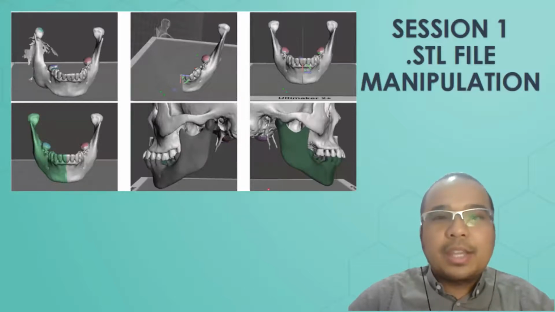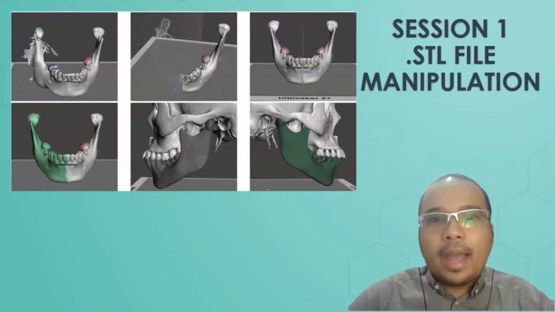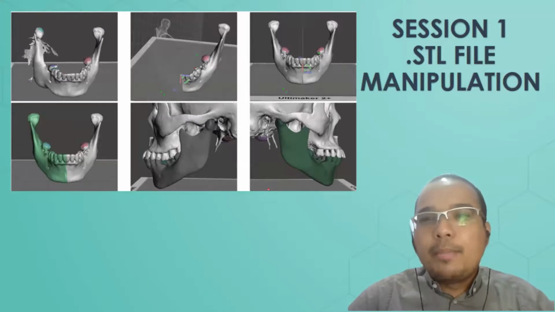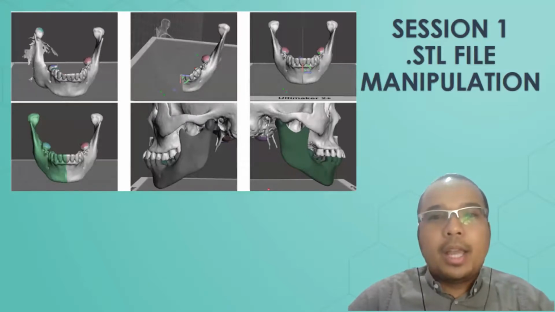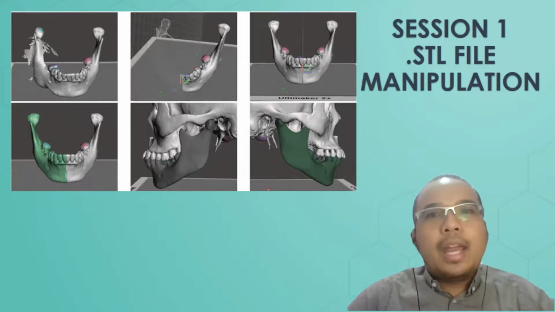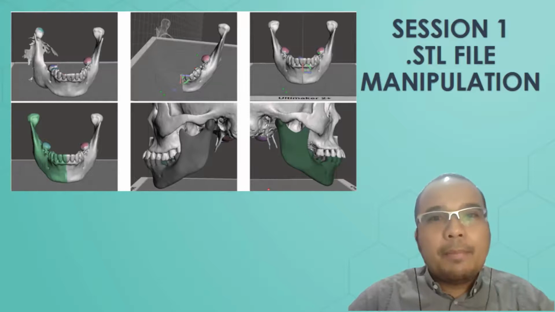So this was the use case, and in this case, I think we used mirroring as one of the tools, and there are actually more depending on the case. But in this use case, we just converted the DICOM file into another STL file by manipulating.